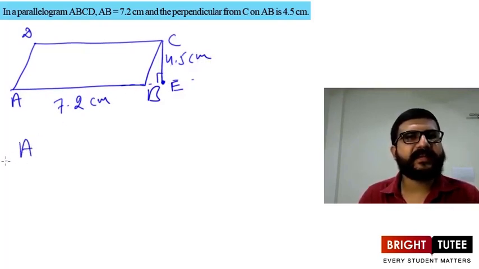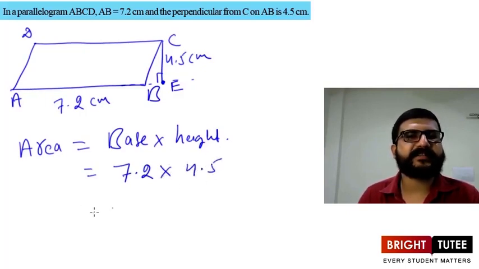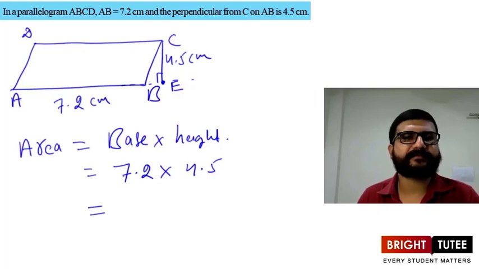So we have to find the area of this parallelogram. We know area is equal to base into corresponding height. So here base is AB, which is 7.2 centimeters, into height, which is 4.5 centimeters. We just have to simplify this now.